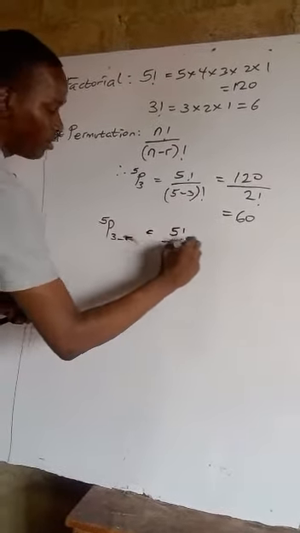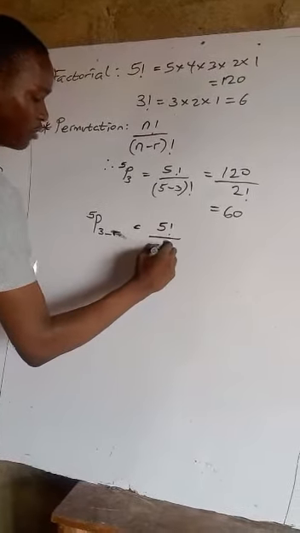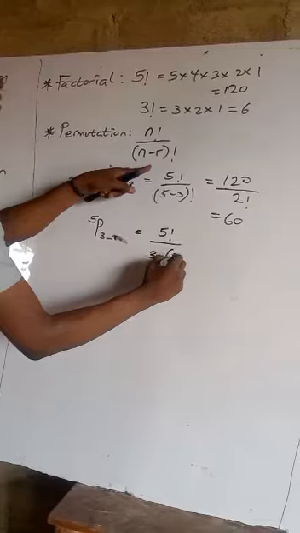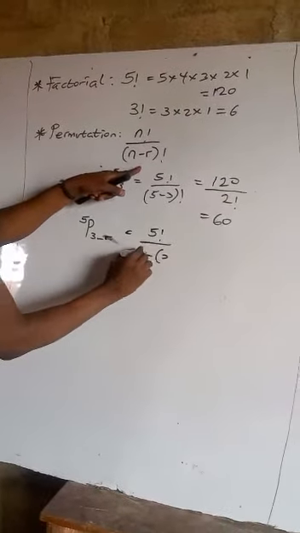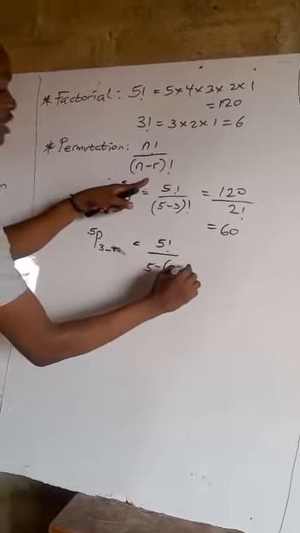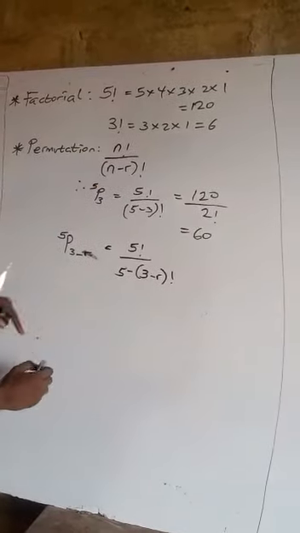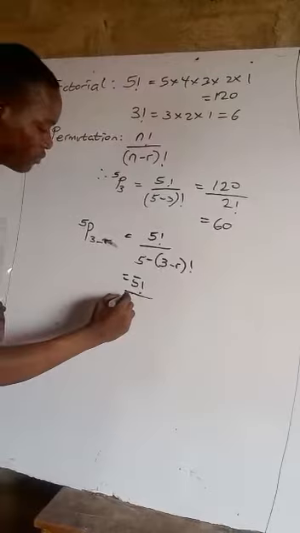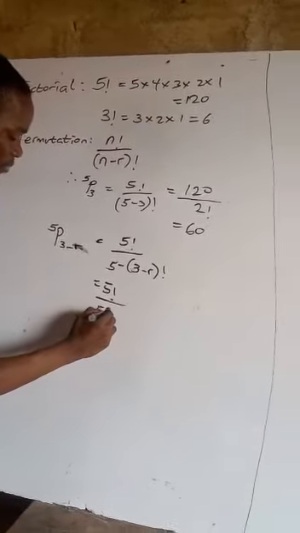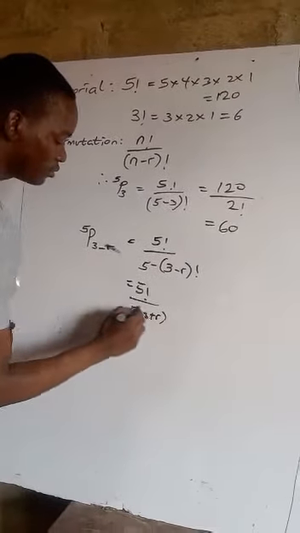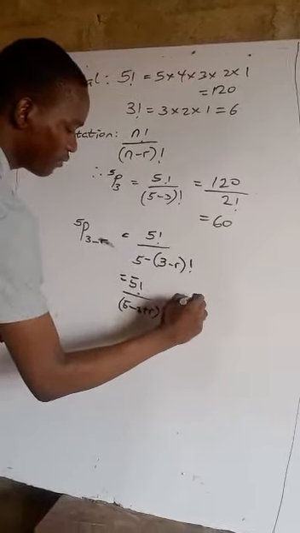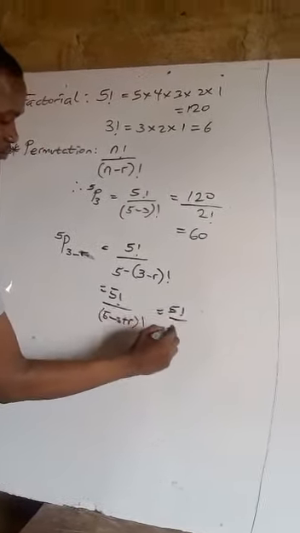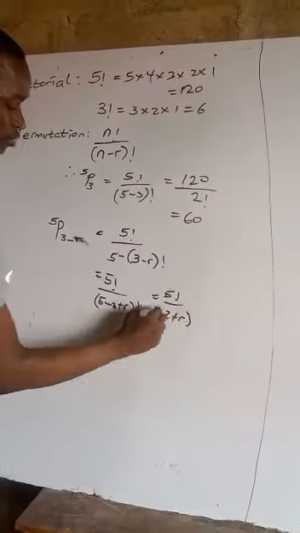You know that will be 5 factorial all over 3 minus open brackets, that's 5 minus open bracket 3 minus r, then factorial, which gives rise to 5 factorial all over 5 minus 3 plus r factorial. That is 5 factorial all over 2 plus r factorial.